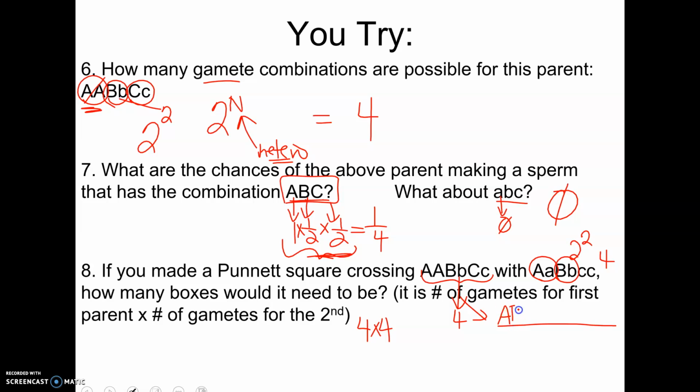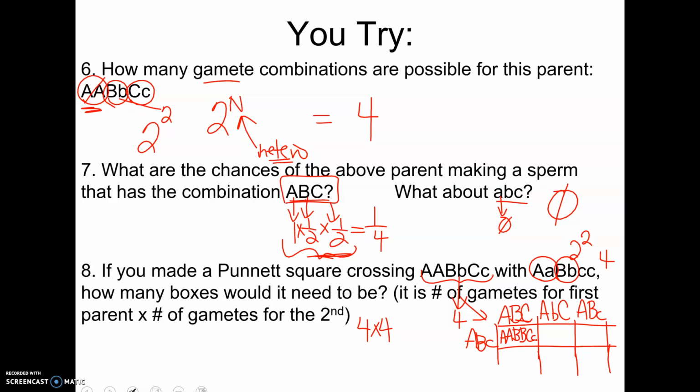So big A with big B with big C. It could also give big A with little b with big C. It could also give, and you'd have to write out every possible combination for the first parent. Then down the side, you'd have to write out every possible combination for the second parent. You would have to have 3 letters above each box, and then inside the box, you'd end up with 6 letters again. Because we're representing meiosis and then fertilization, all the possible babies inside the boxes.